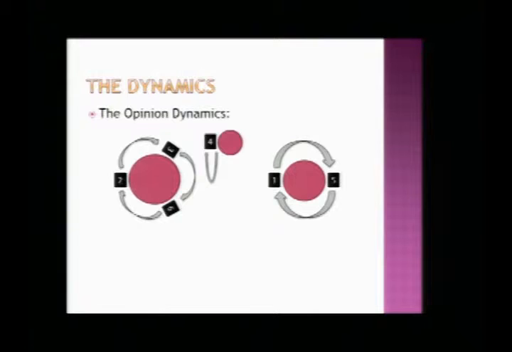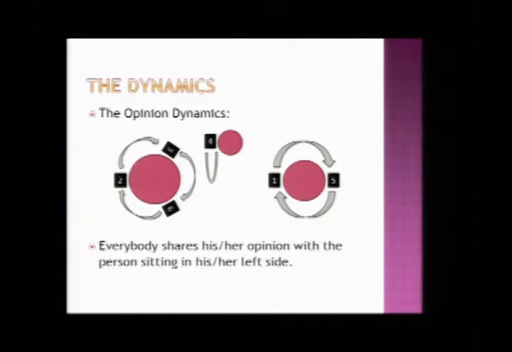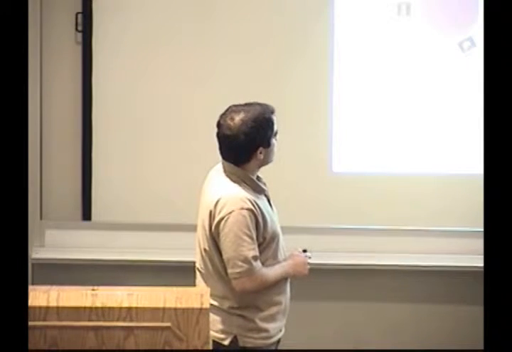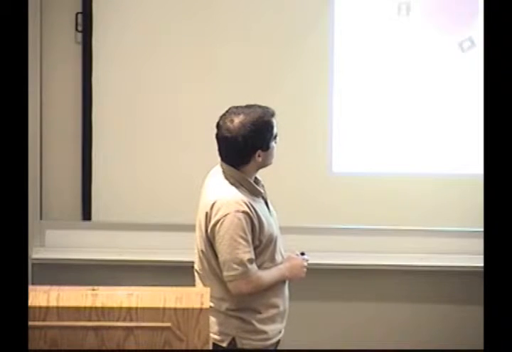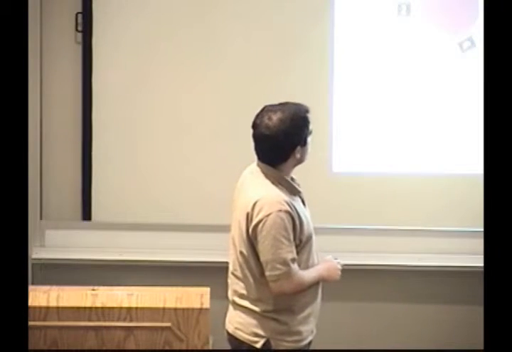This is a hypothetical dynamic. Each person, like this number 3, will share his or her opinion with the person sitting on his left or right-hand side. So 3 will tell about his or her opinion at time 0 to this guy.